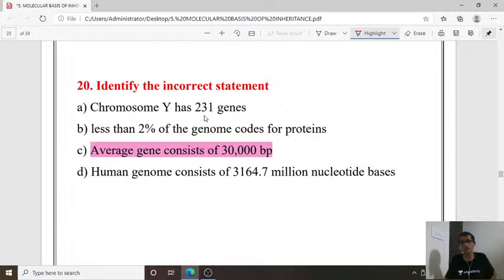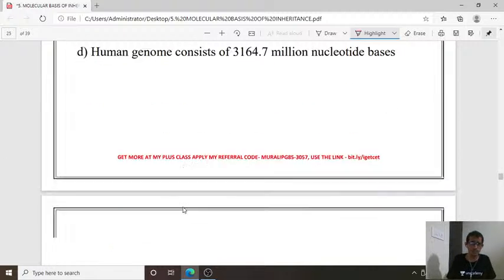Chromosome Y has 231 genes. The least number of genes present in one chromosome is in the Y chromosome. Less than 2% of the genome codes for protein. Yes, the remaining parts are repeated sequences, isn't it? Then the human genome consists of 3164.7 million nucleotide bases. That is also right. So the wrong statement is C for the 20th one.